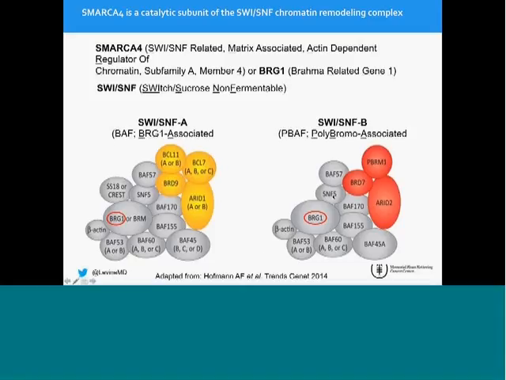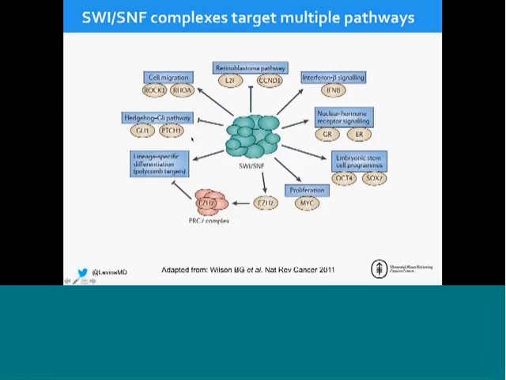There are two types of complexes that you can see here on the slide. The red circle is around what's called BRG1, which is the same name as SMARCA4. And this is a critical component of this complex. What this complex does is it controls many cellular and biologic functions.